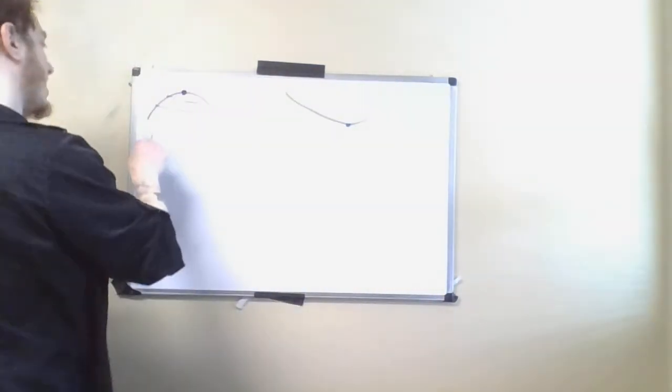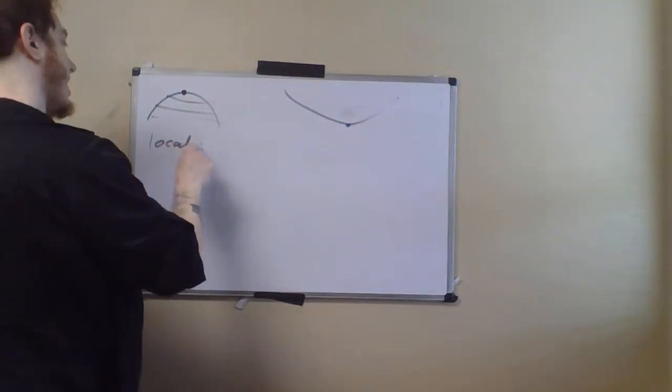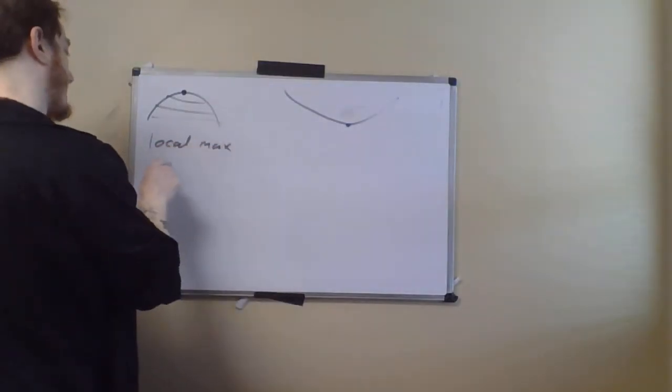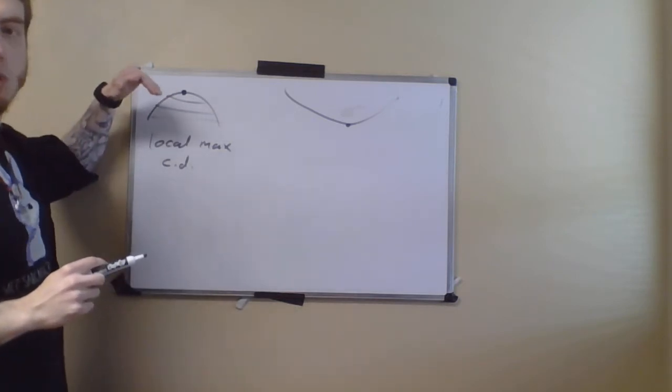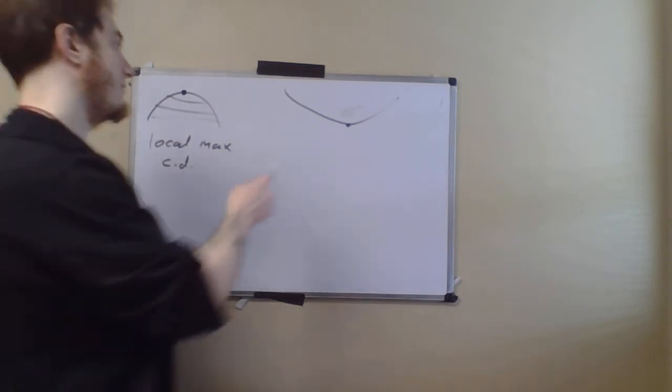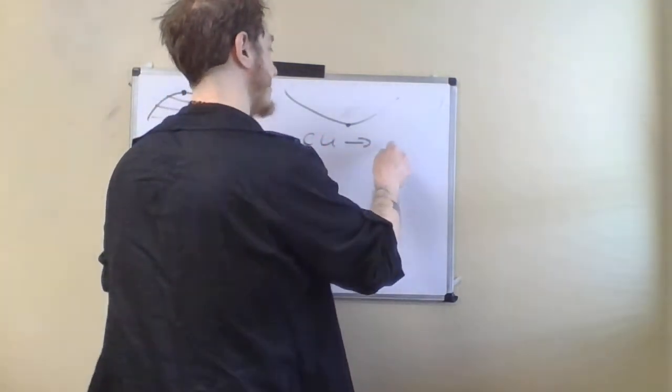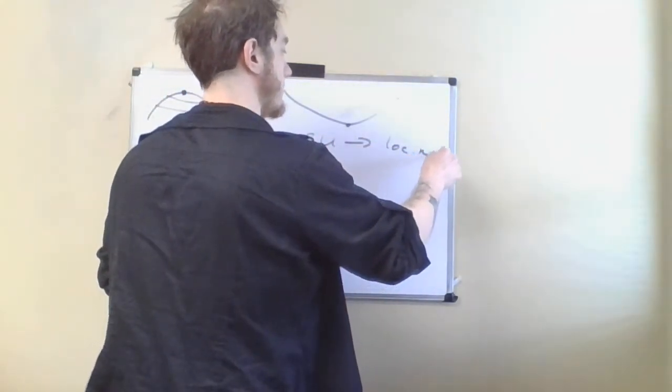So you'll notice that a local maximum, if it's concave down, then it's got to be a local maximum. And if it's concave up, then it has to be a local minimum.